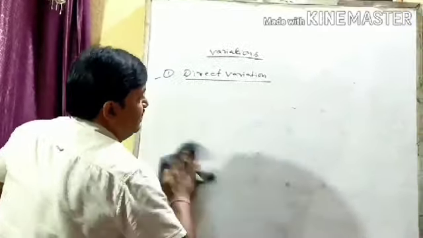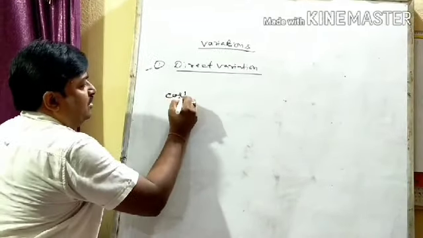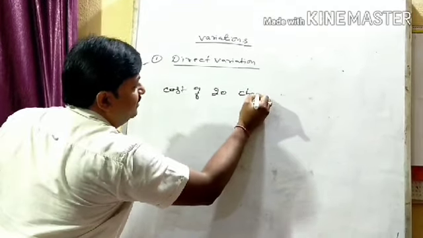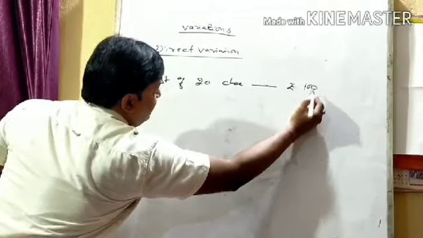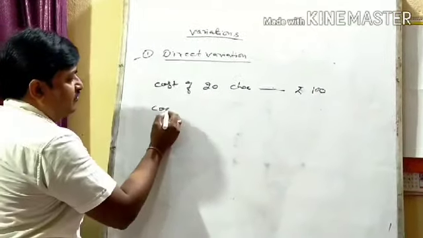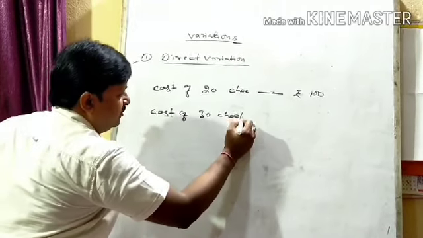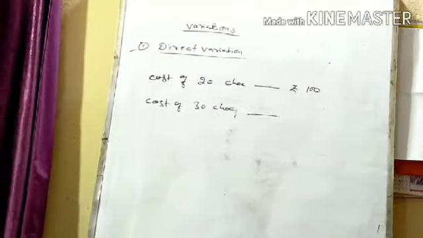See the example, the same example. The cost of 20 chocolate is rupees 100. Therefore, what will be the cost of 30 chocolate? Okay, this is the question.